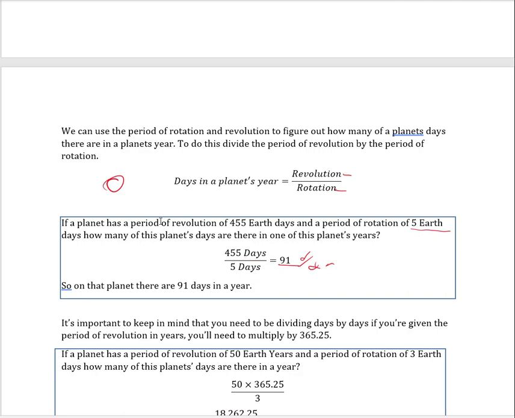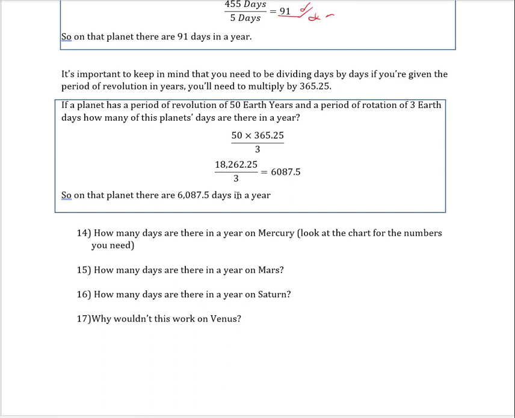If I tell you that a planet has a period of revolution of 50 Earth years and a period of rotation of 3 Earth days, I can't divide years by days. It won't work.